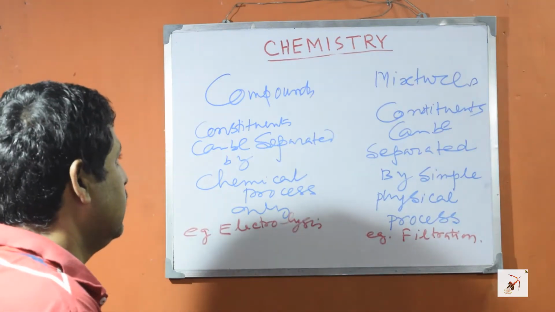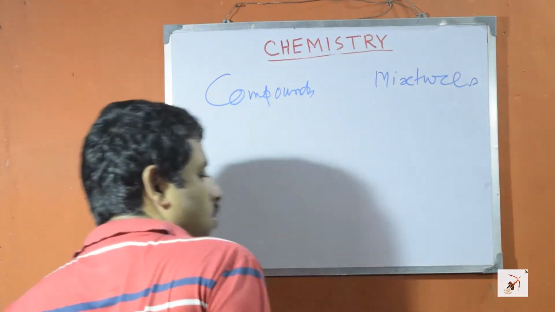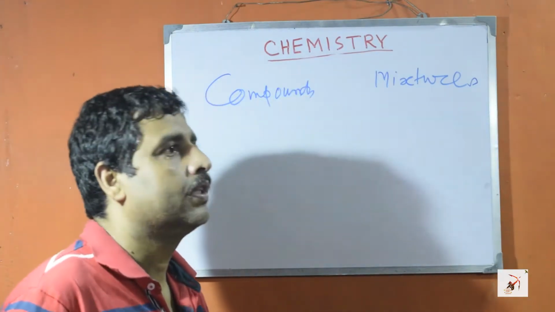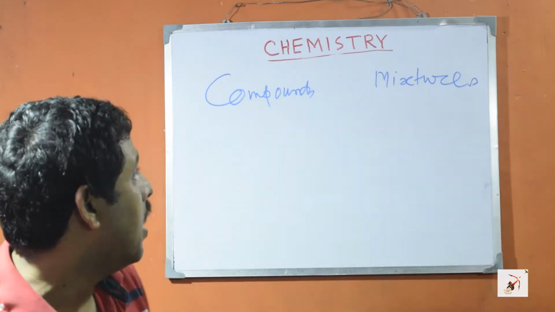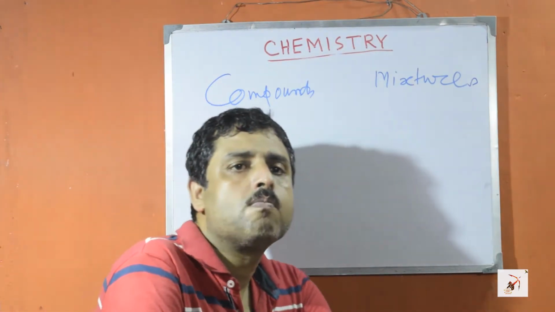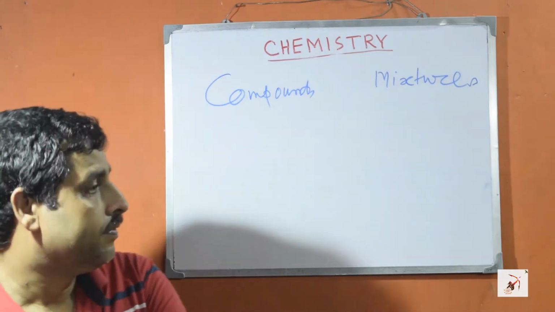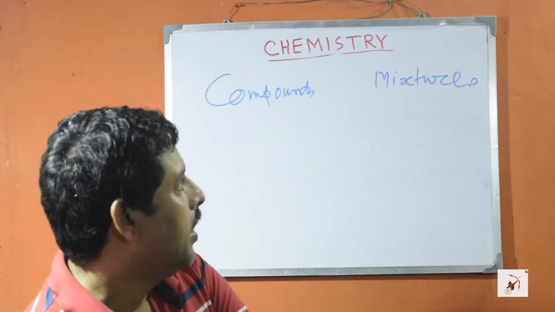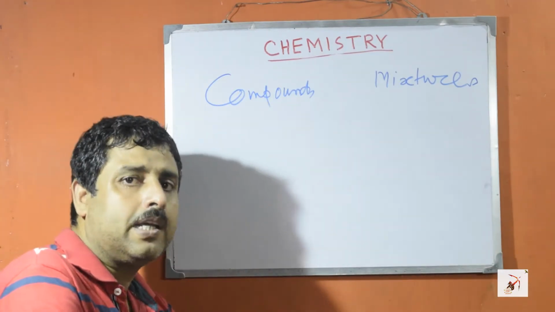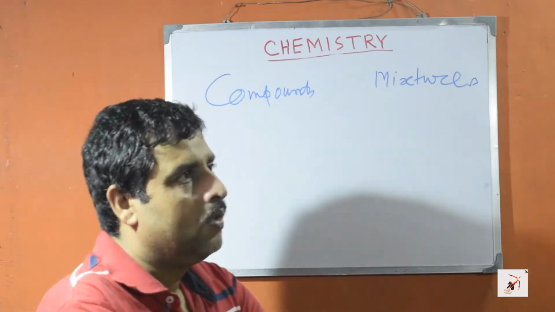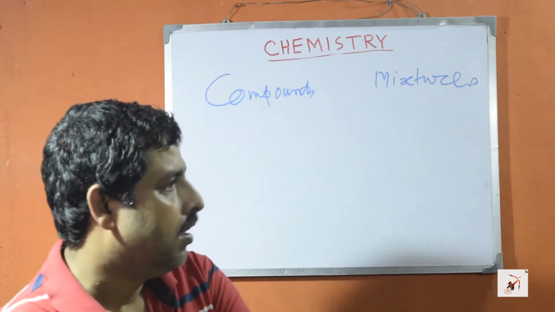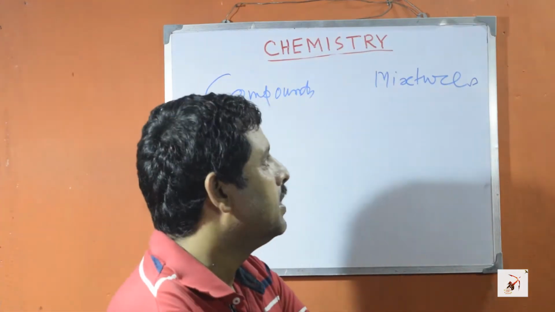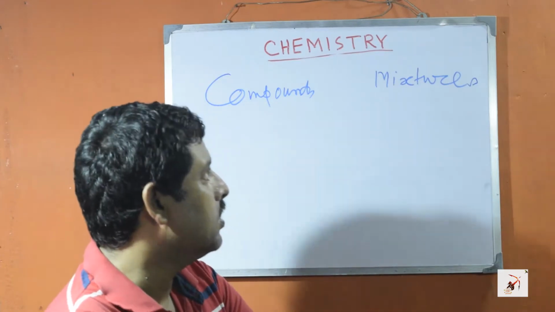Third one, a compound is always homogeneous because its molecules are made up of atoms of two or more kinds of elements which are chemically combined. But a mixture is simply mechanical mixing, when molecules of two or more elements or compounds mix with one another by simple mechanical process.